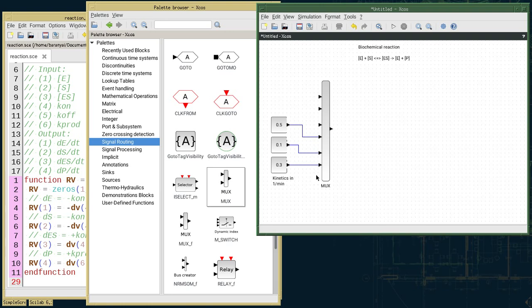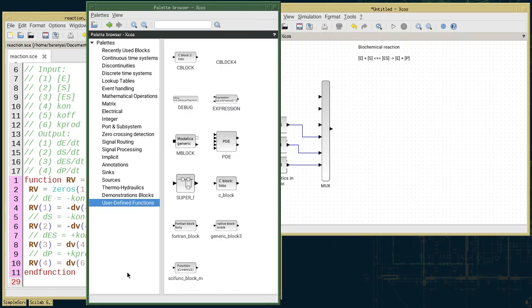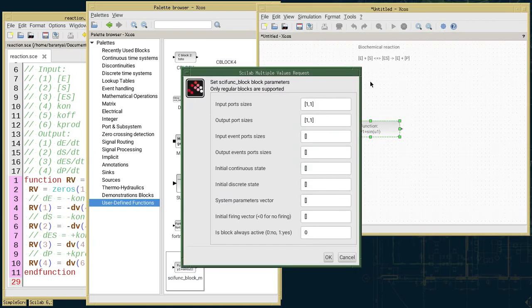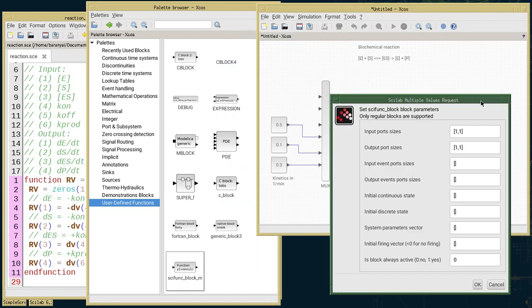So I collect all the inputs for one function, which I made already. It will be a Scilab function block. This is the core of the simulation. This will calculate the changes. And if I double click on it, I can adjust the block parameters.